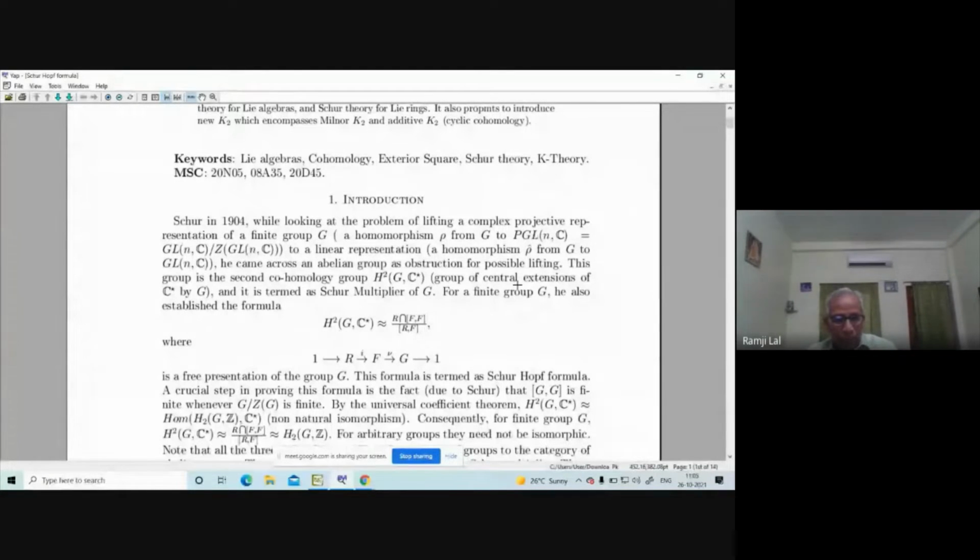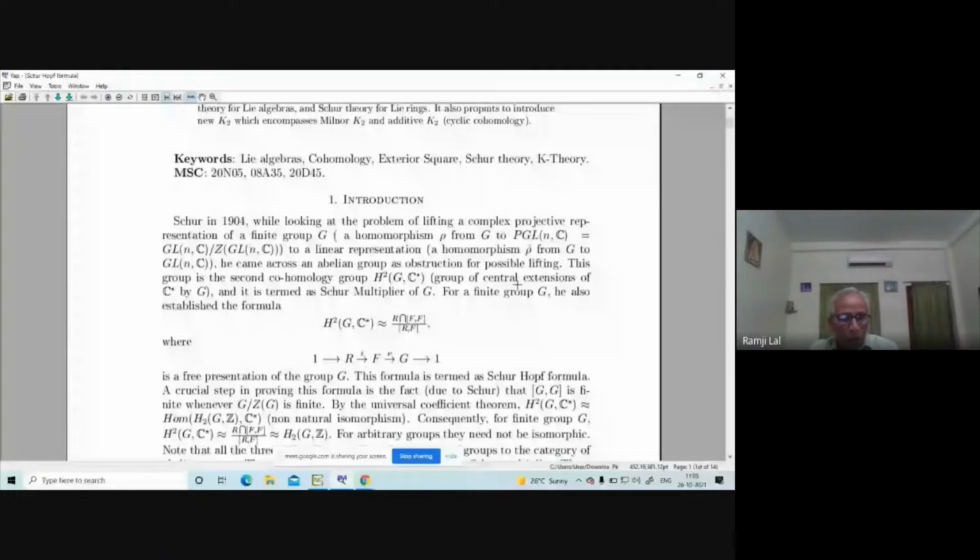Consequently, for finite group G, H^2(G, C*), is isomorphic to (R ∩ [F,F]) over [R,F], which is the second homology. So for arbitrary groups, of course, they need not be isomorphic.